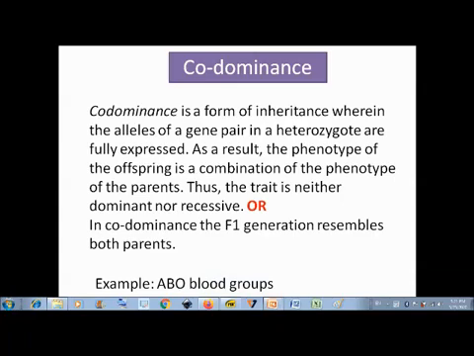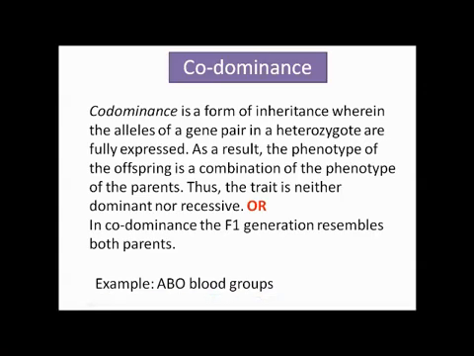in incomplete dominance, there was a dominance, but the dominance was not complete, and hence they show incomplete dominance. Both the characters were there in the heterozygote condition, and the dominant character was not completely dominant.